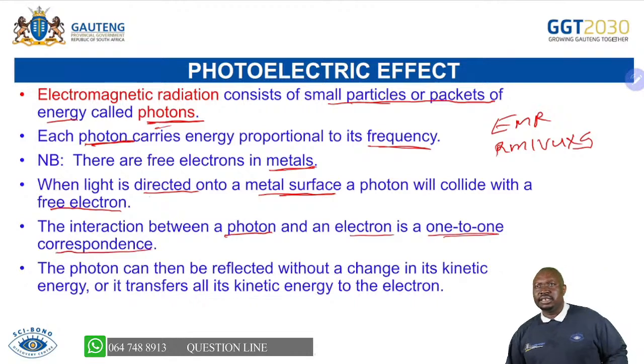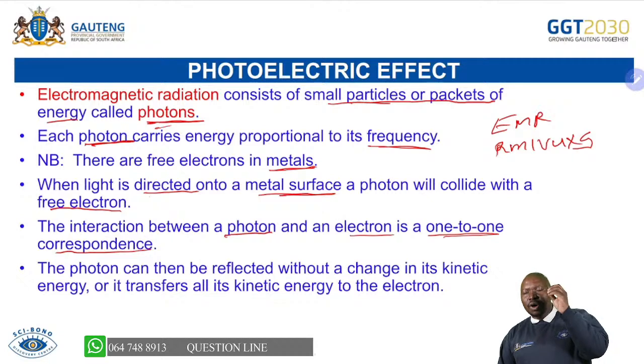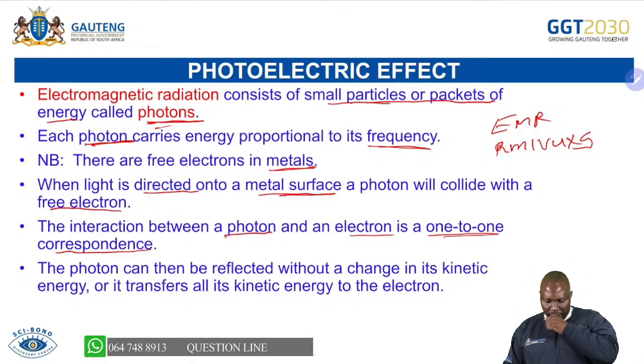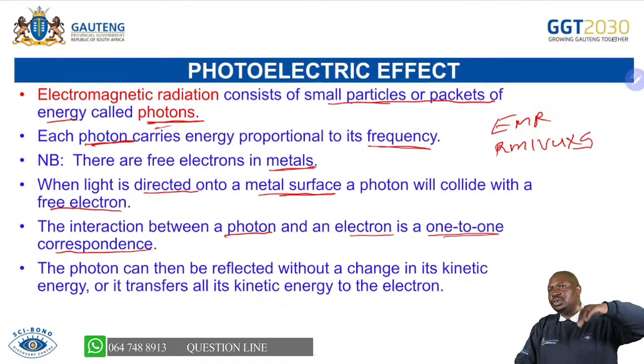Now, understand this. If you have one photon, you will only be able to remove one electron. So don't think that you can have one photon that will remove many. If we increase the number of photons, the number of packets of energy, only then will we remove even more electrons. So the effect of increasing the intensity means we are increasing the number of these photons.